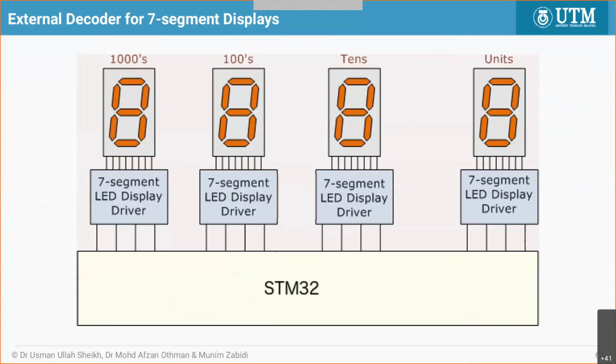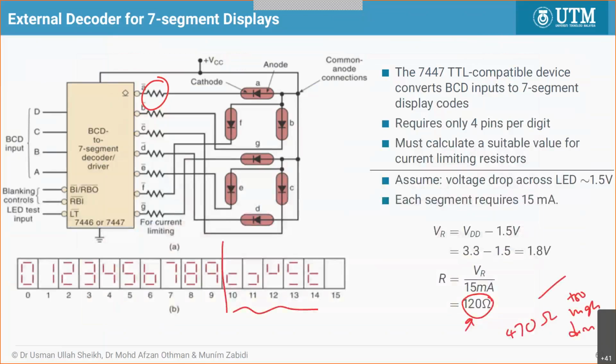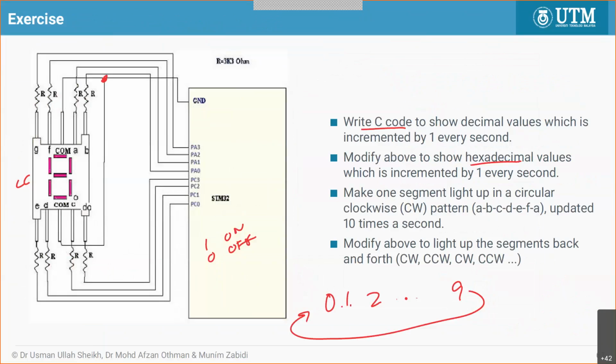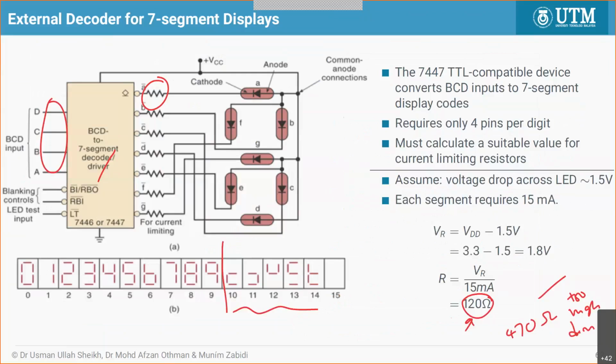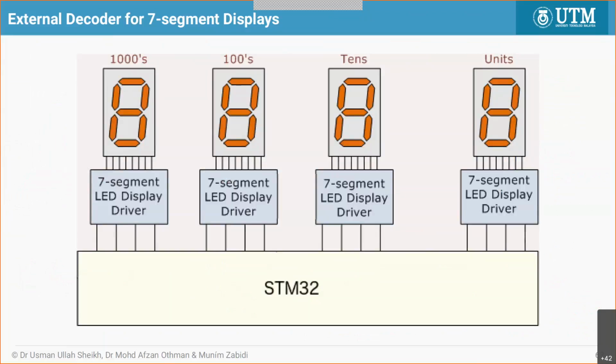All right, if you have a lot of segments to drive, then you can save some pins on the STM32 by putting in an external decoder lah. Of course this is extra cost, but only 4 pins will be required. If you're connecting directly for one digit, maybe okay lah. But let's say I have 4 digits, then I need 7 times 4.